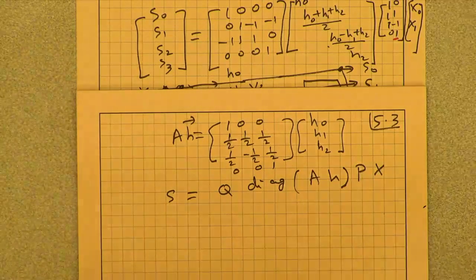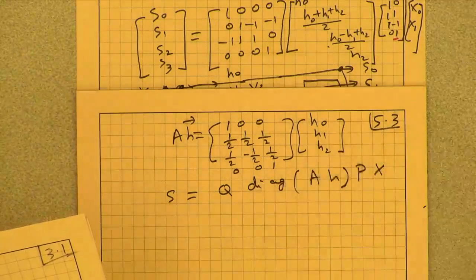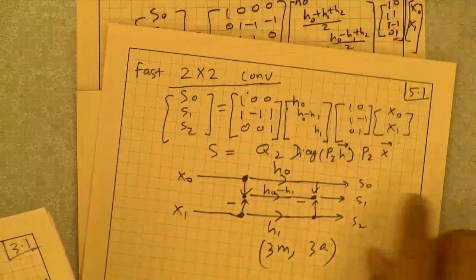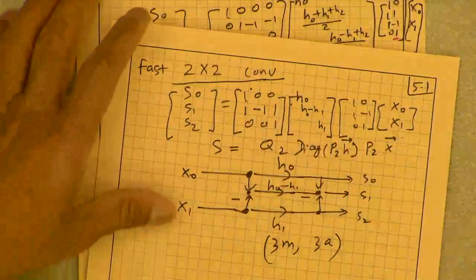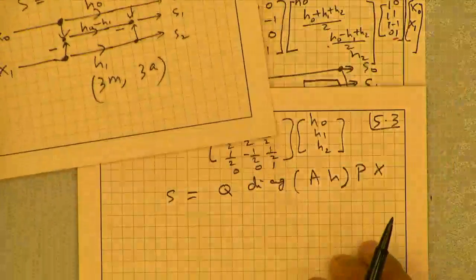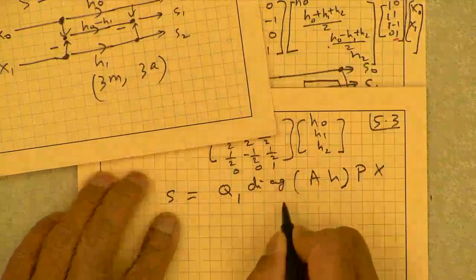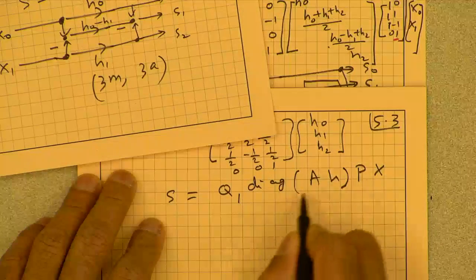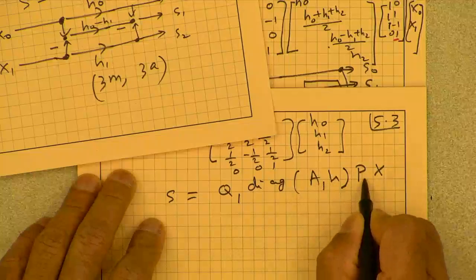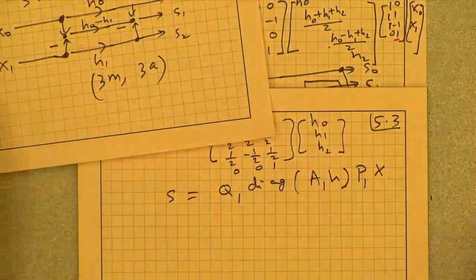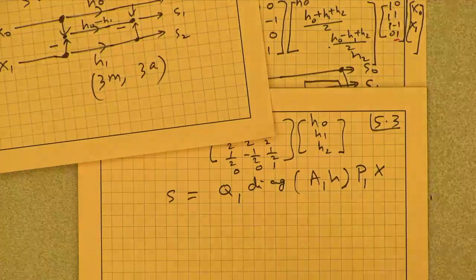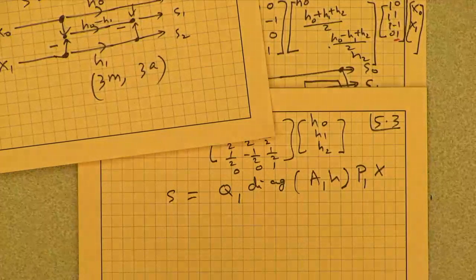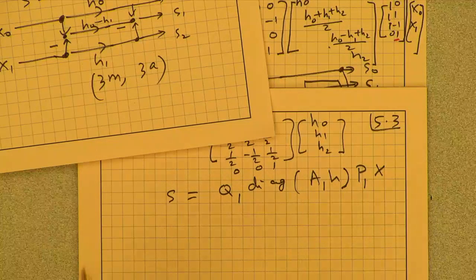If you call this Q1, Q2, how do we combine these? Let me call this Q1, A1, P1. Okay, so if we do that, your final equations, and I did work out a simpler form.